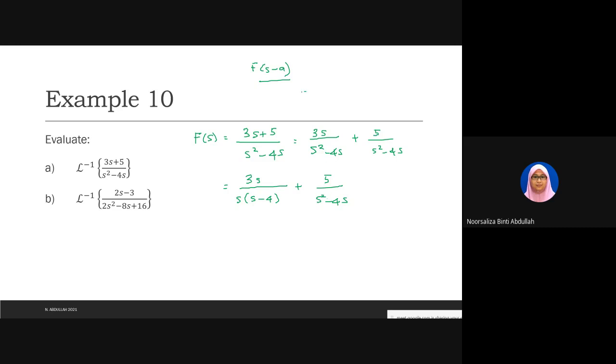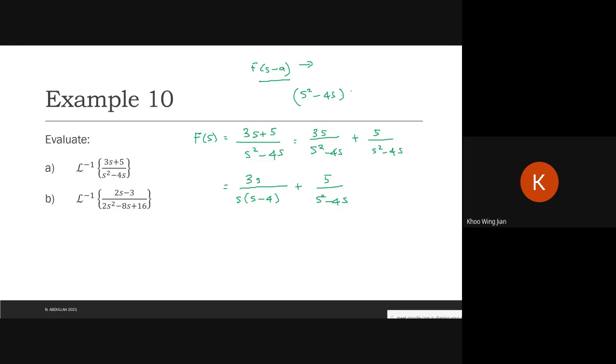You have now S squared minus 4S. You want to modify this so that you have this kind of pattern, because you want to use the first shift theorem. So S squared minus 4S equals (S minus 2) squared minus 4.